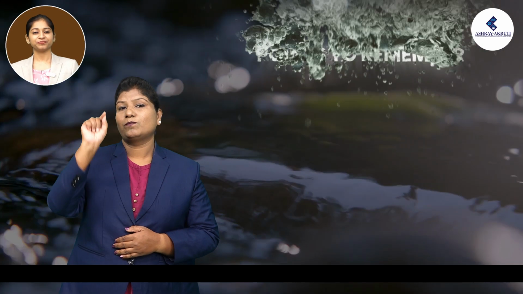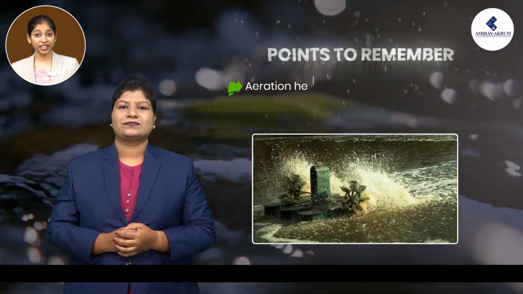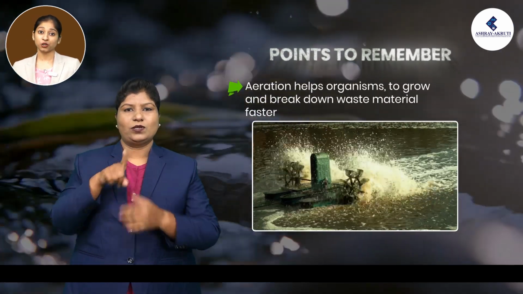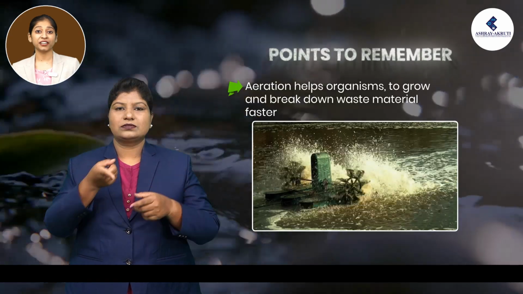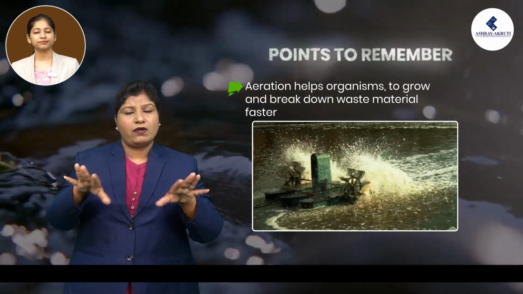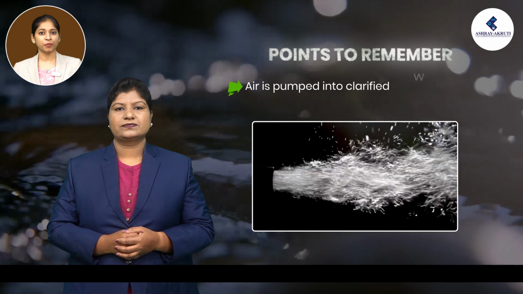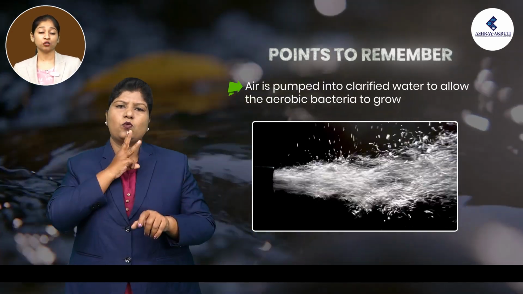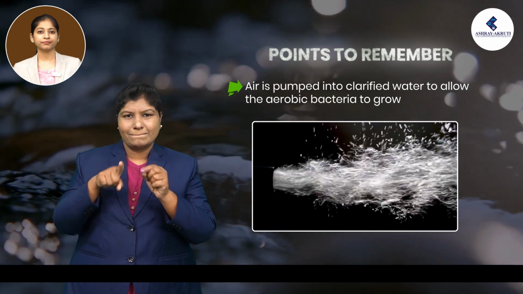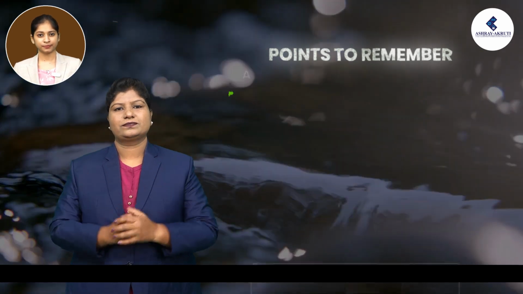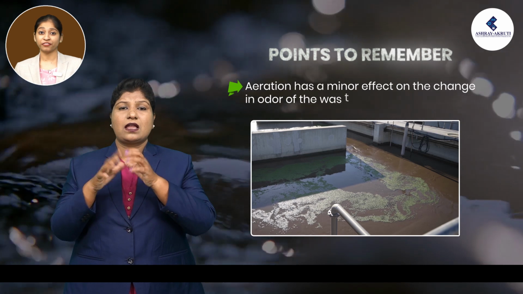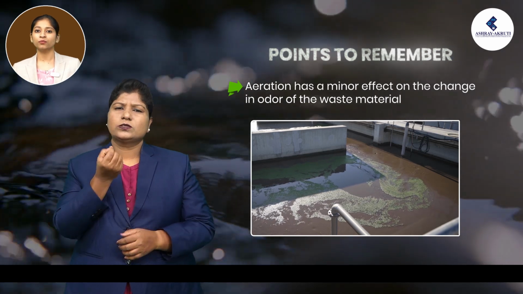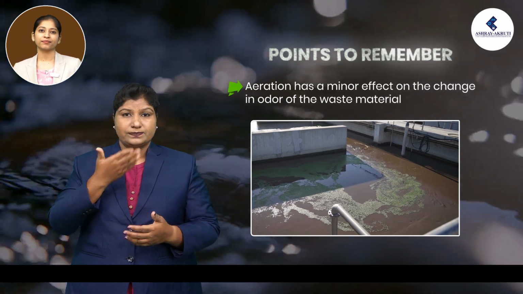Points to remember. Aeration helps organisms to grow and break down waste material faster. Air is pumped into clarified water to allow the aerobic bacteria to grow. Aeration has a minor effect on the change in odor of the waste material.